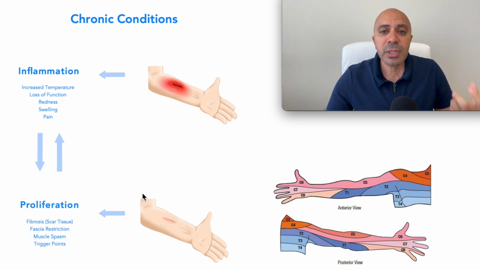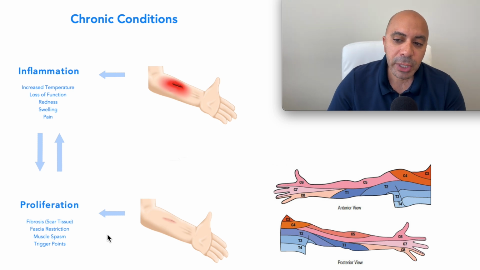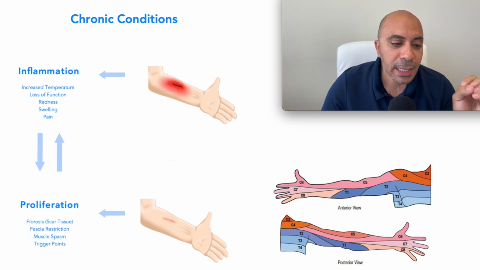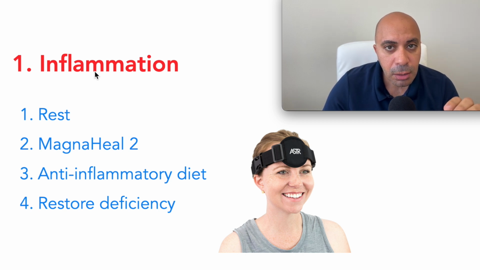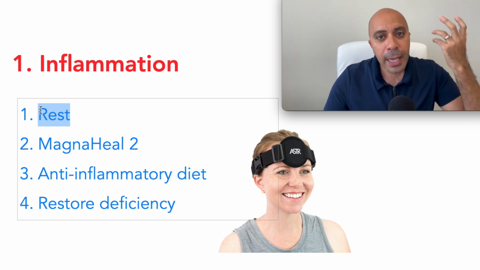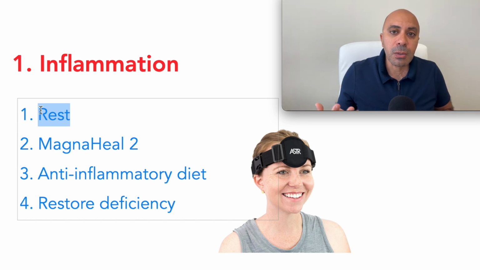So how do we treat the root cause of cervical radiculopathy? We have to break that vicious cycle. To do that, the first thing I do is address the inflammation. If you are in the acute stage, rest should be good enough for a couple of weeks. Resting means don't lift anything and have proper posture.